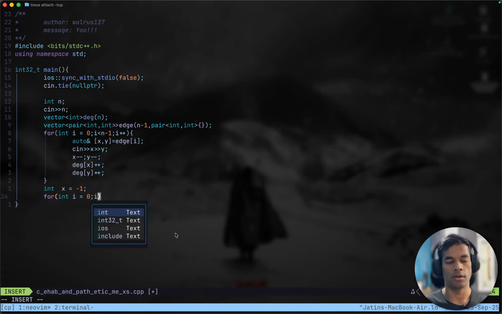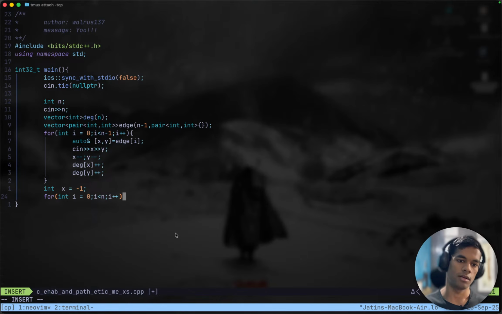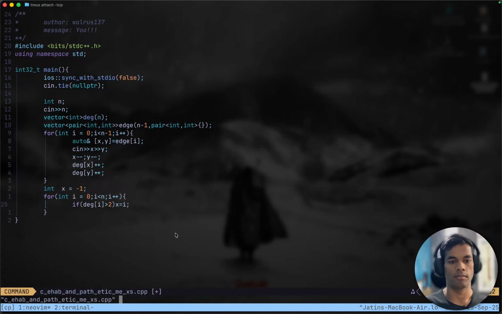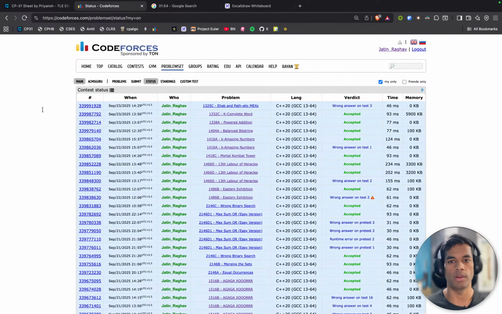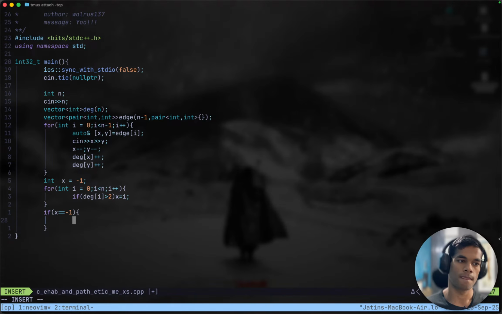So for I equals 0, I less than n, if the degree of this ith node is greater than 2, then x equals I. And at the end we will check if x equals minus 1, then there is no node with a degree higher than 2, then the max which we are trying to minimize is going to be n minus 1, which is the maximum value it can have.